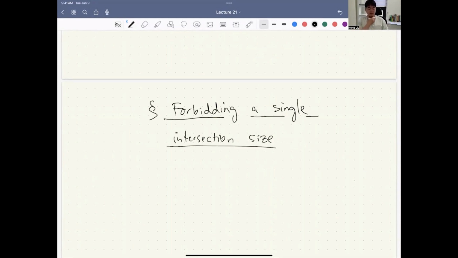It's a famous theorem by Frankl and Wilson in the 80s.